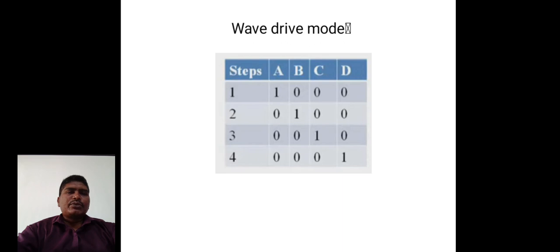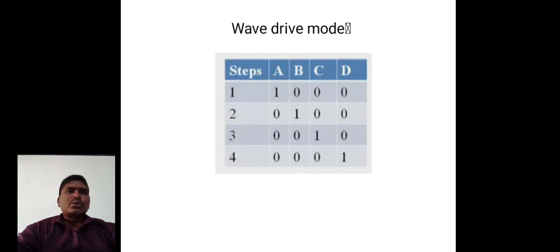If you see this table, at step 1, coil A is energized, that means by giving logic 1 to coil A. Similarly, in step 2, you give logic 1 to coil B. We have to follow the sequence, and once coil D is energized, we repeat the same sequence.